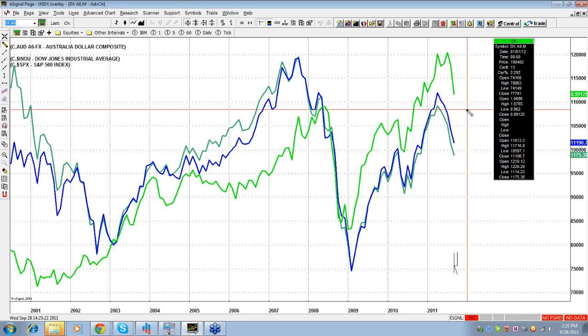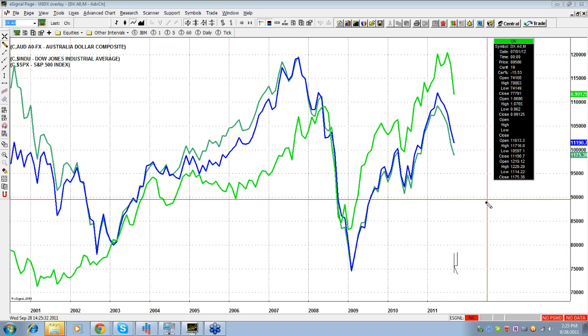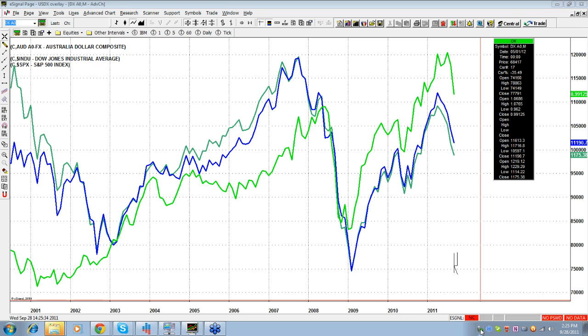Now, let's take a look at the dollar as an individual pair, in other words, not as a correlation. One second, let me get the chart here. I don't know, guys, if you can see it.